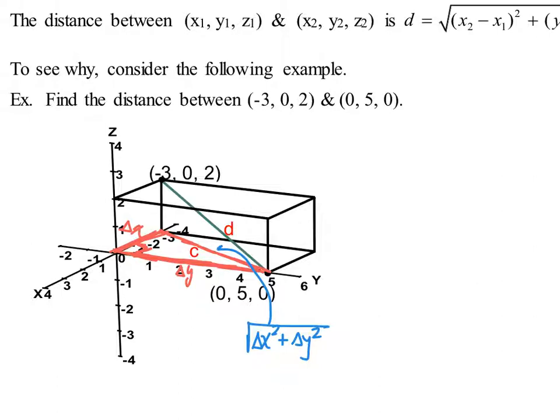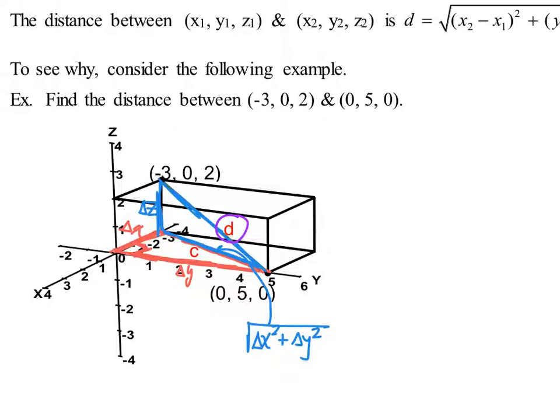All right. Now that length also serves as a leg to a different right triangle. So that length, the square root of delta x squared plus delta y squared, is one leg of the triangle. The other leg would be delta z. It's some change in z. If we call this side d, we have a Pythagorean relationship.